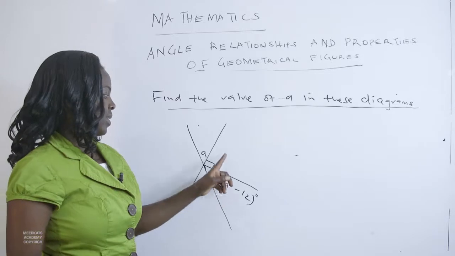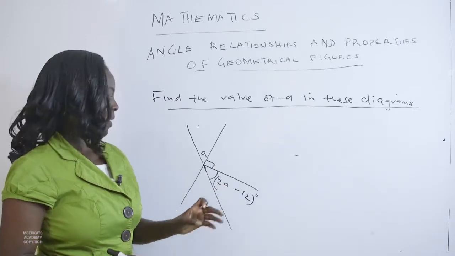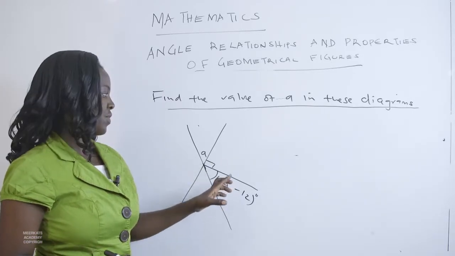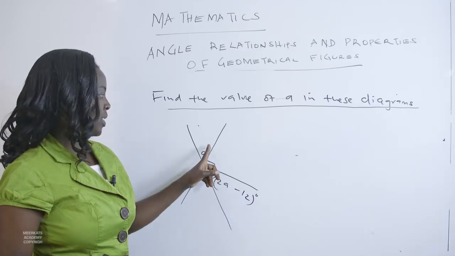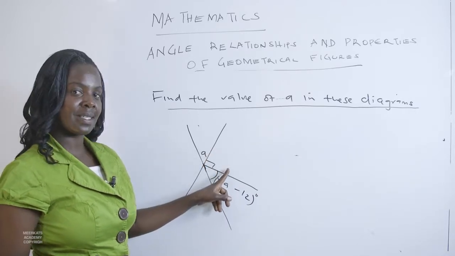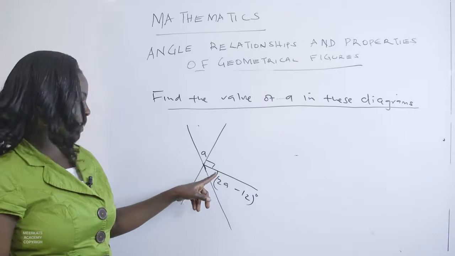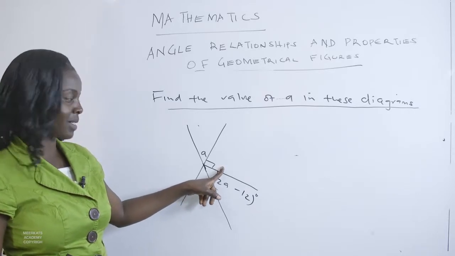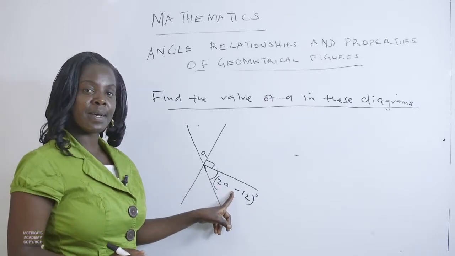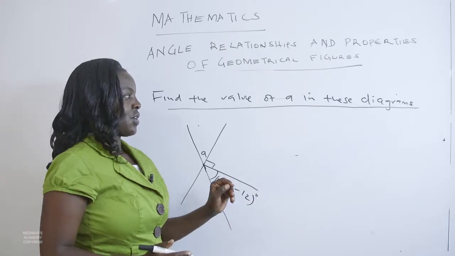So again, let us look at this diagram here and solve for the value of A. We are told here is A, here is 90. This is a right angle. You should be able to notice that this is a right angle, and a right angle measures 90 degrees. This is 2A minus 12.